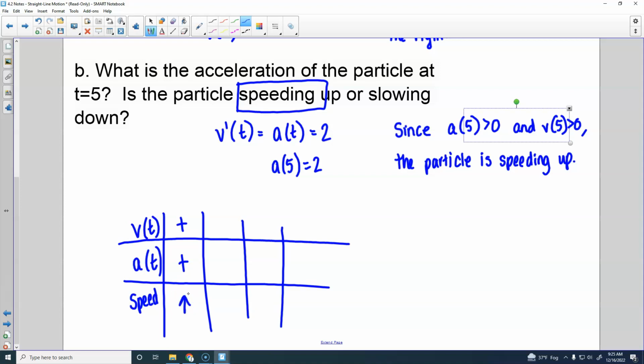I'm going to put an up sign for up. Okay. This one is also, to me, easy to think about. Positive, negative. All right? So your velocity is positive. That means you are going forward. So you are moving forward. But if you are moving forward, your acceleration is negative, so you are slowing down, right?